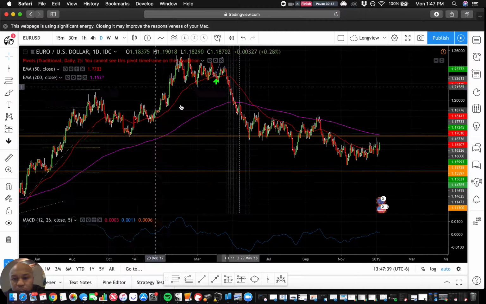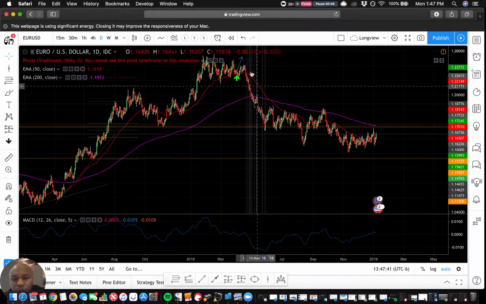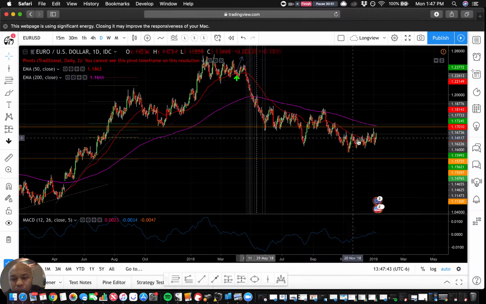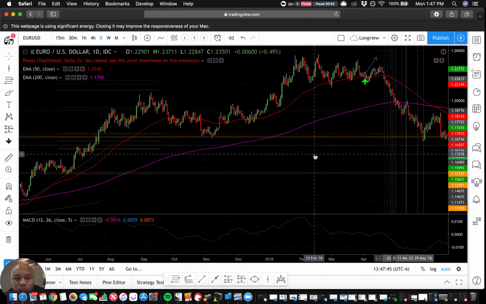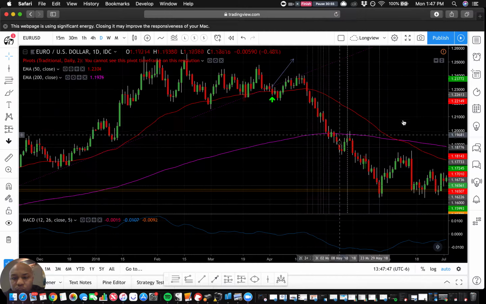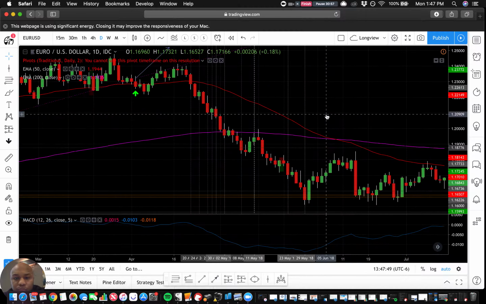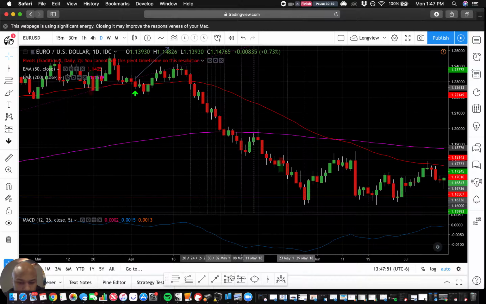Not the cleanest, man, but you see it drop down right here, and then we have this. Look at all these trades, all these gray lines of trades. Damn, that's a lot. That's why I like comboing.